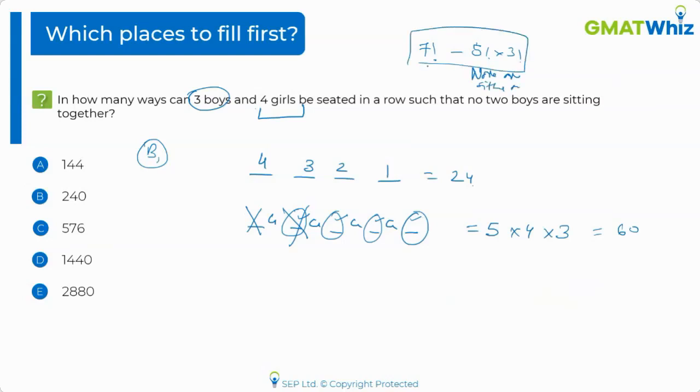These cases are covered, by the way, all the possible cases: none sitting together, all sitting together. All of these have been covered in the permutation combination video lesson. So if you go through it, you'll be able to understand all the various cases. Don't worry about it. But I would request you to look at the video lesson of permutation combination.